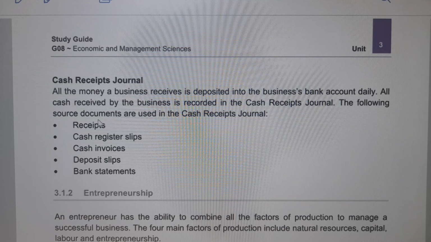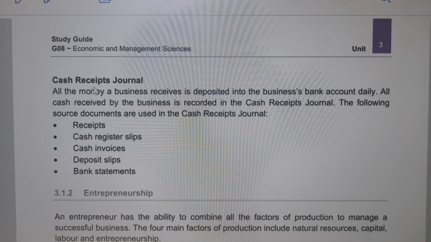The following source documents are used in the cash receipt journal. We use receipts, we use cash register slips, we use cash invoices, we use deposit slips, and we use bank statements.